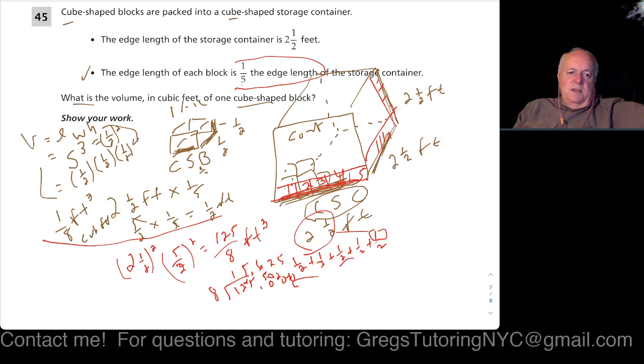So this is 15.625. So the volume of this is equal to 15.625 cubic feet. Okay.